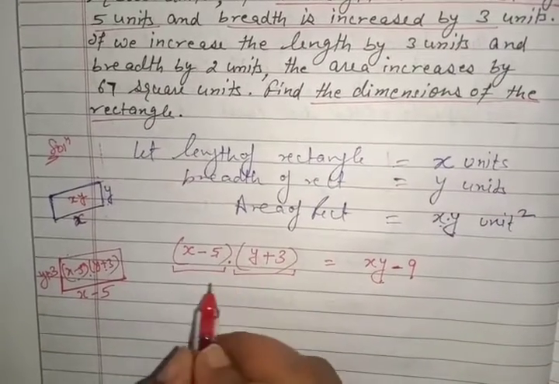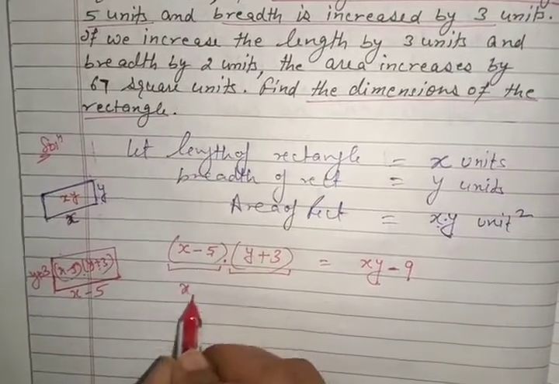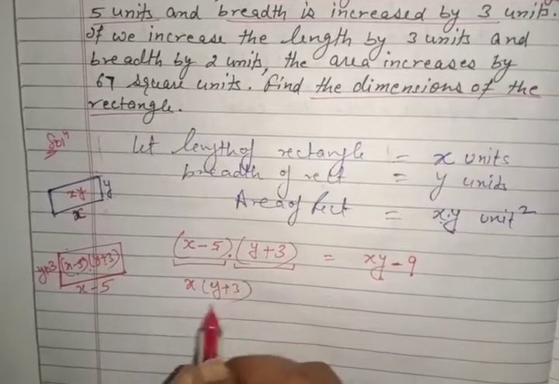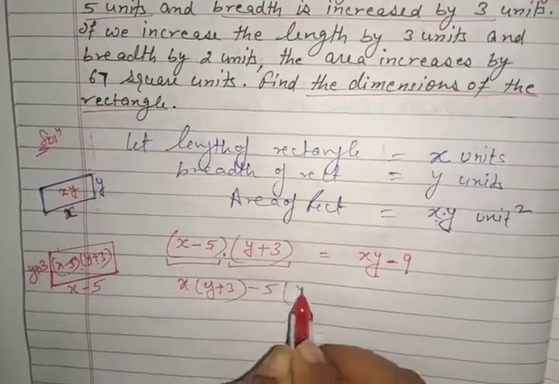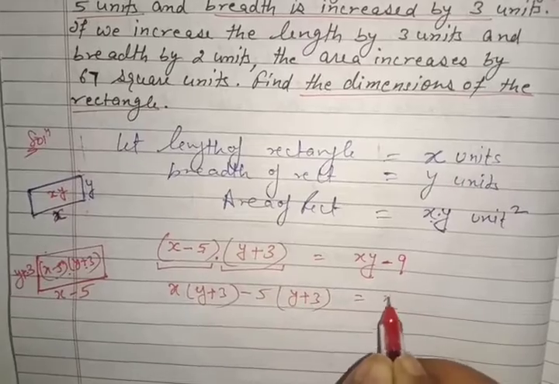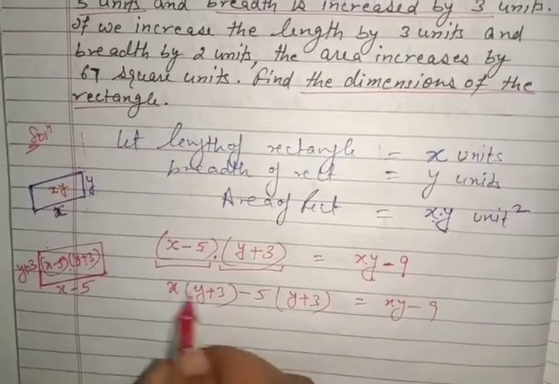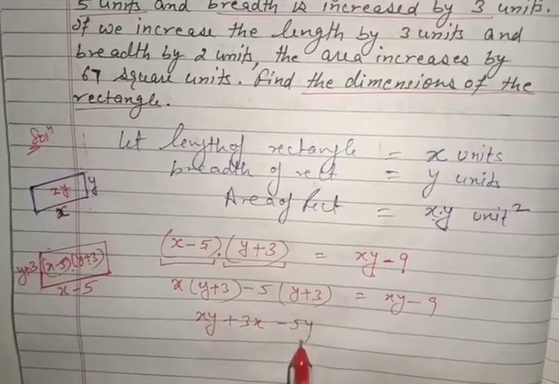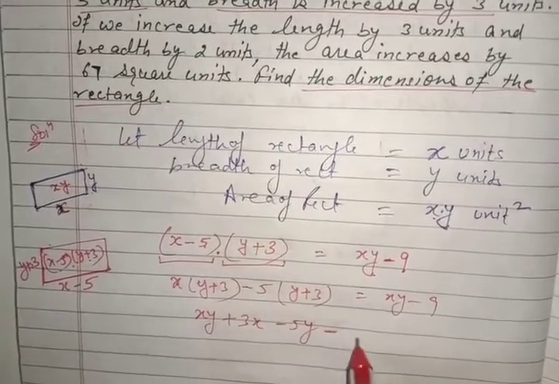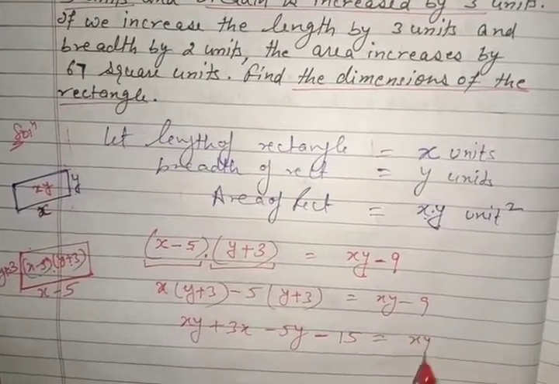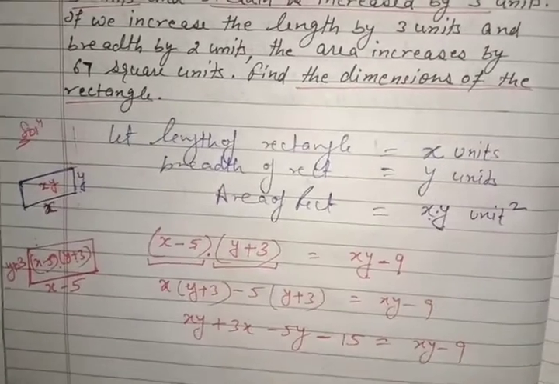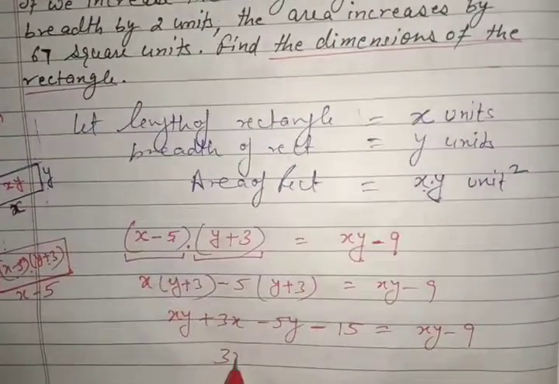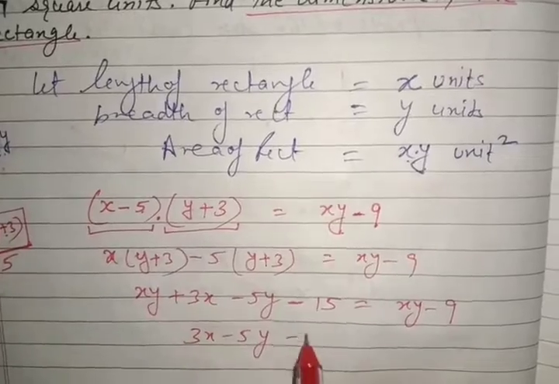We can solve this equation. First number, the whole bracket, then minus 5, the whole bracket, equals xy minus 9. So this equation is xy plus 3x minus 5y, minus plus is minus, 15, equals xy minus 9. Then this is 3x minus 5y minus 15.